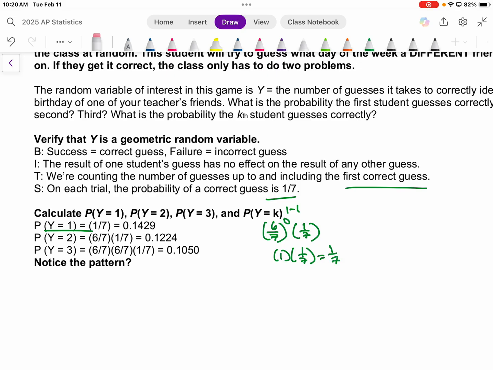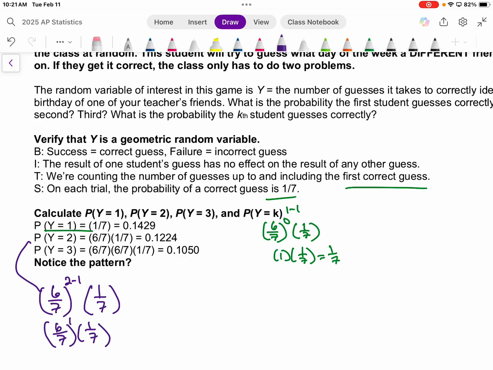Now, what is the probability that it happened on the second guess? On our formula here, it is 6/7 raised to the 2 minus 1 power times 1/7. So that's why we just see 6/7 times 1/7, because 2 minus 1 is the first power, so it's listed once.